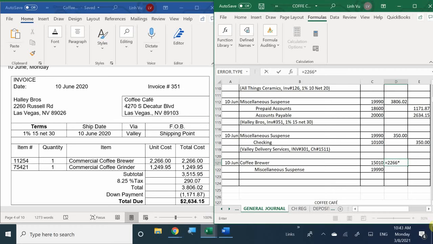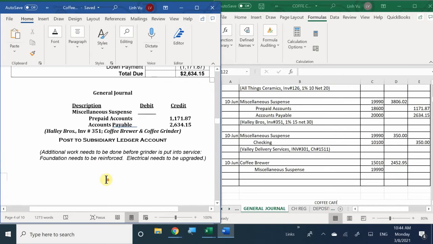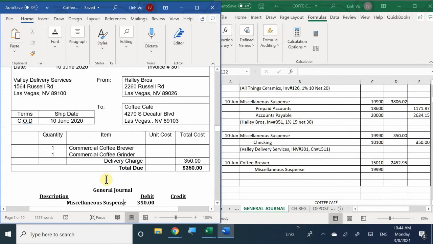22.66 times the tax. Okay, so include that into the original price, and what do you get? $24.52.95. Okay, so that was just the tax. Now we have to also calculate how much shipping is going to be distributed.